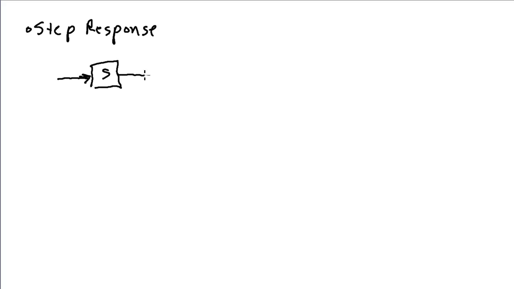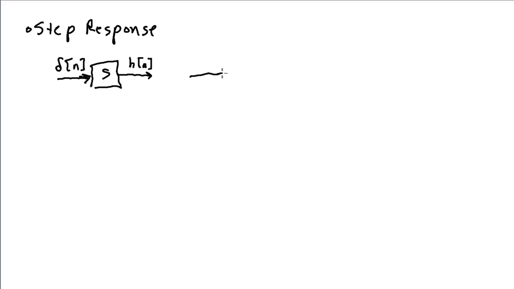Let's consider the step response of our system. So again, the impulse response is what we call h of n. And that's obtained when the input is delta of n.